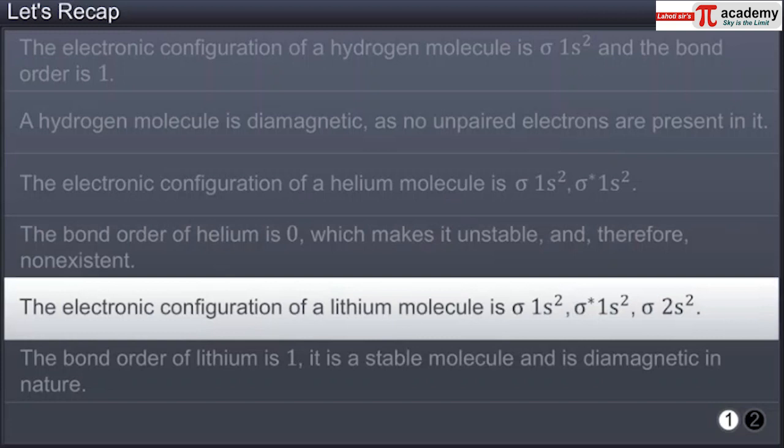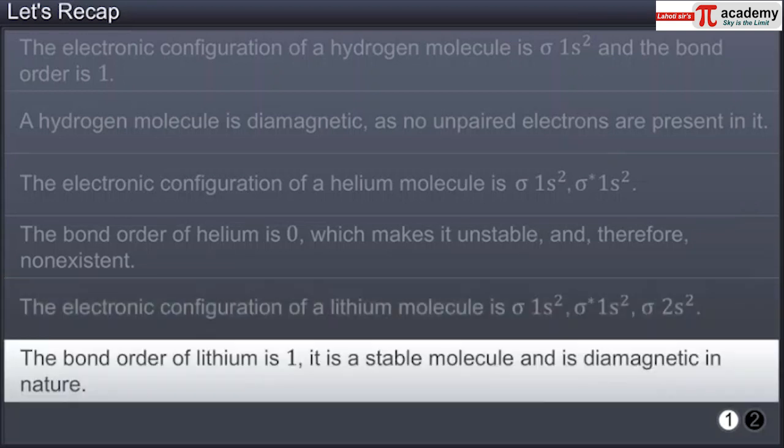The electronic configuration of a lithium molecule is sigma 1s2, sigma star 1s2, sigma 2s2. The bond order of lithium is 1. It is a stable molecule and is diamagnetic in nature.